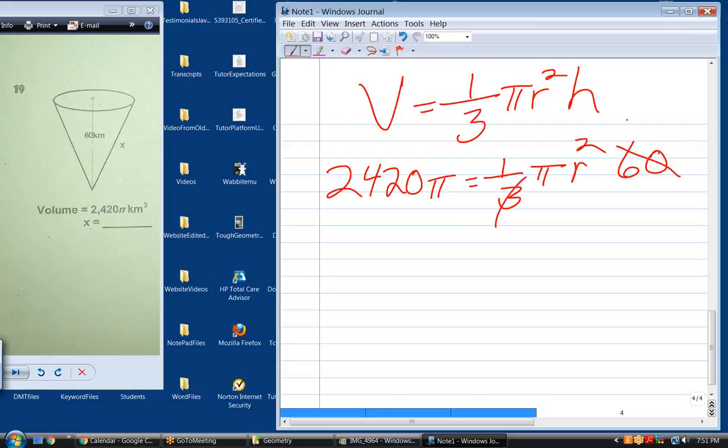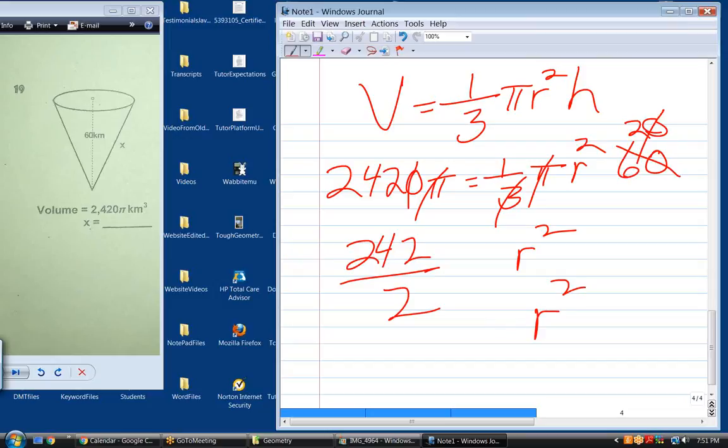Let's first of all do that and cross out the pi's. So what do we have? r squared equals 24/2 divided by 2. Cross out the zeros. So r squared equals 121.